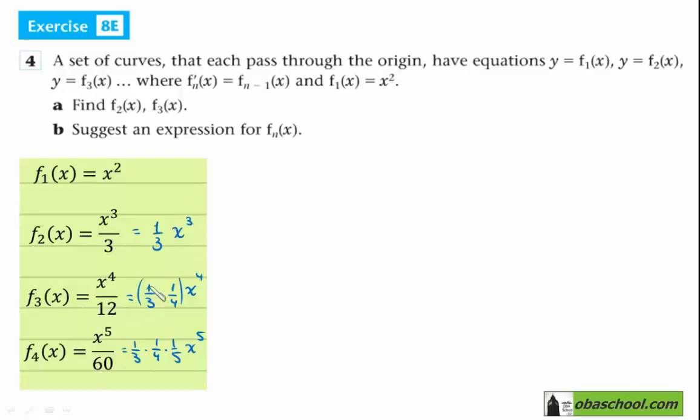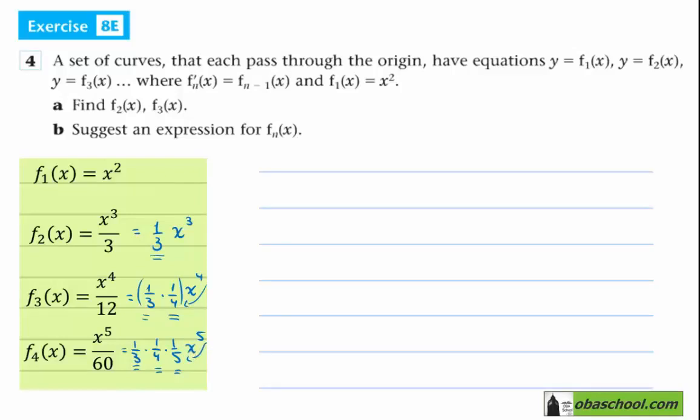Looking down, 1 over 3 multiplied by 1 over 4, the denominator 4 is the same as the power of x to the power 4. Same thing for f4 of x, the last fraction we multiplied is 1 over 5, the denominator is the same as the power of x, 5. Now we can see that the last fraction we multiplied by the coefficient has a denominator that is the same as the power.